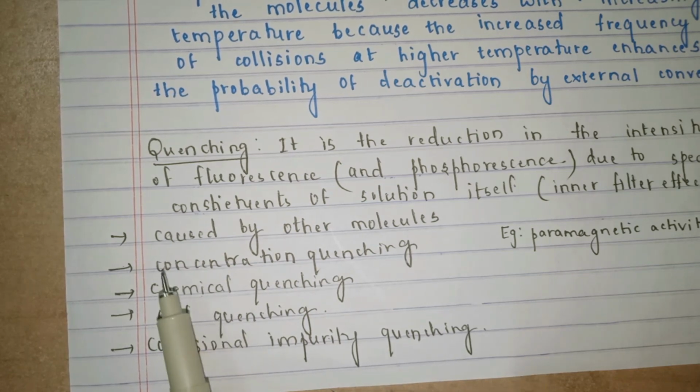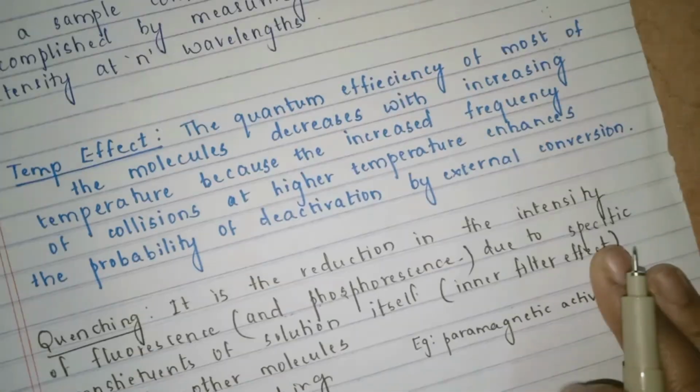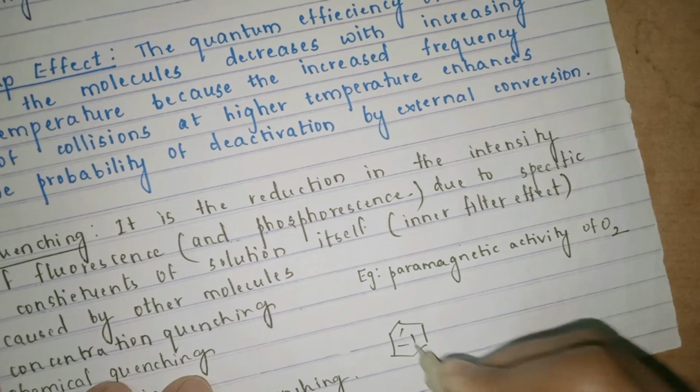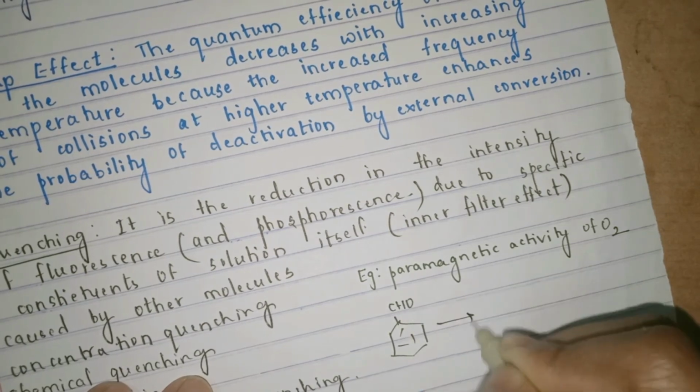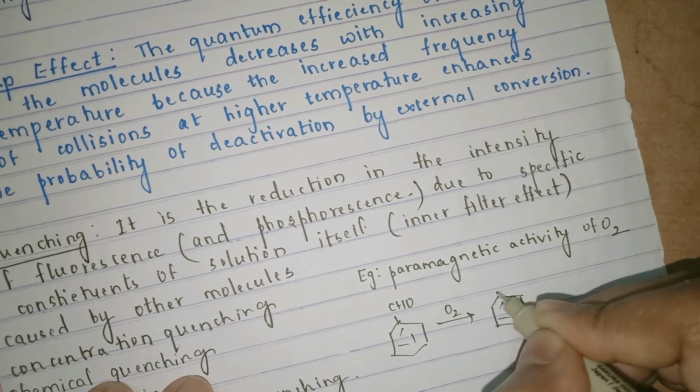So what is the meaning of caused by other molecules? Now, for example, if there is a presence of benzoic acid. How is benzoic acid formed? It is due to the oxidation of benzaldehyde. Let us take an example of benzaldehyde, and after the oxidation it is going to give me a benzoic acid.